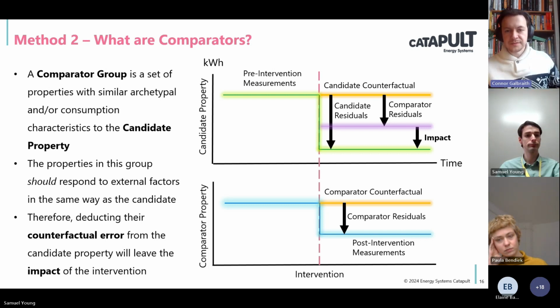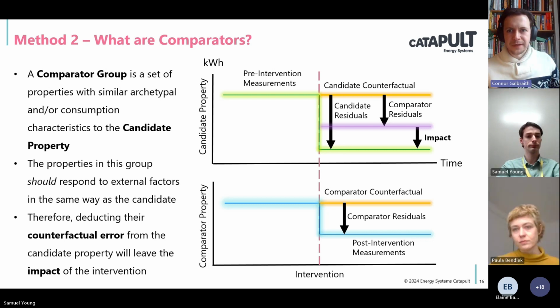And one way to do this is to take a group of properties that haven't had a retrofit and compare their energy consumption to a property that has had a retrofit, and to look at the differences between the consumption in the baseline, so the reporting period for those comparator properties, and deduct it from the candidate property.